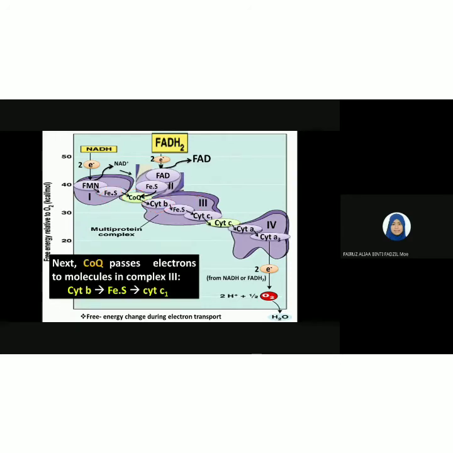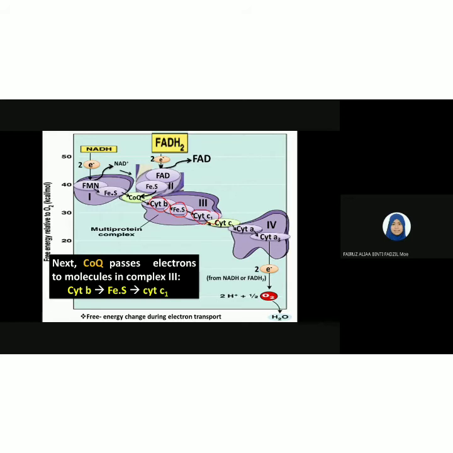Coenzyme Q passes the electrons to cytochrome B, and cytochrome B accepts them and becomes reduced, and then passes the electrons to the iron sulfur center and becomes oxidized. The iron sulfur center accepts the electrons and becomes reduced, and then passes the electrons to cytochrome C1 and becomes oxidized.